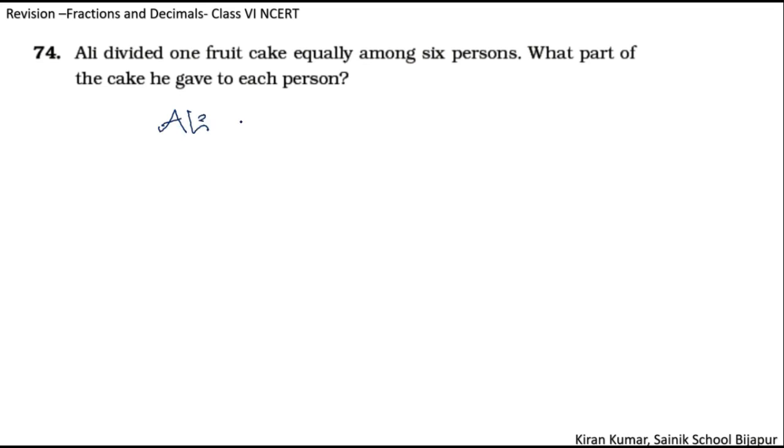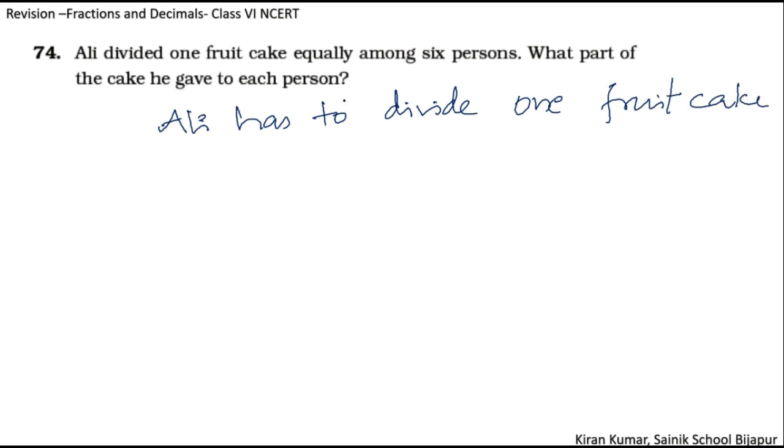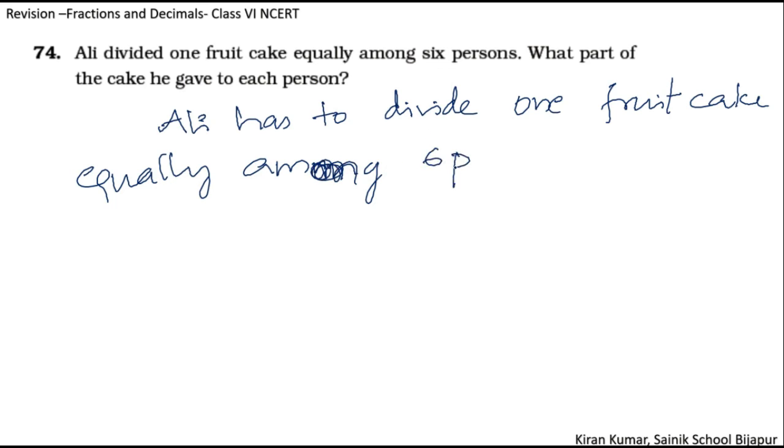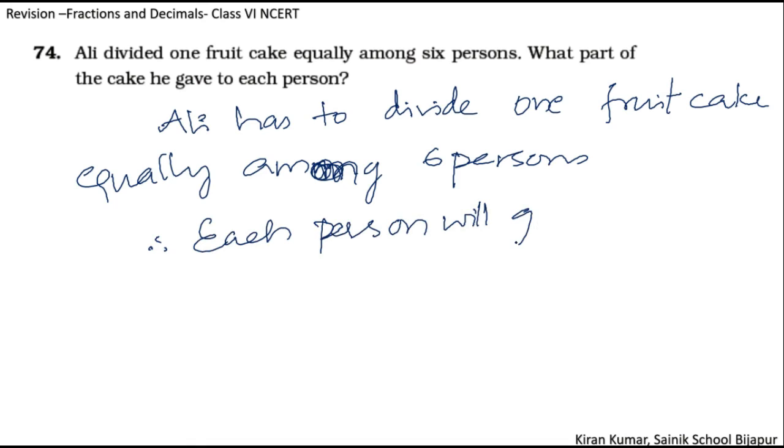Ali has to divide one fruit cake equally among 6 persons. Therefore, each person will get 1/6 part.